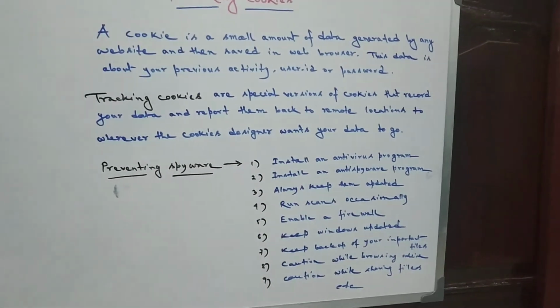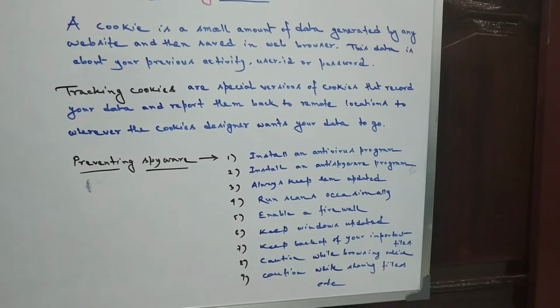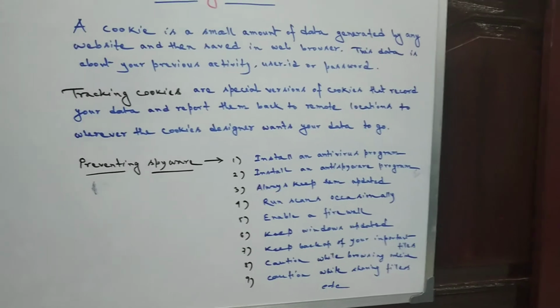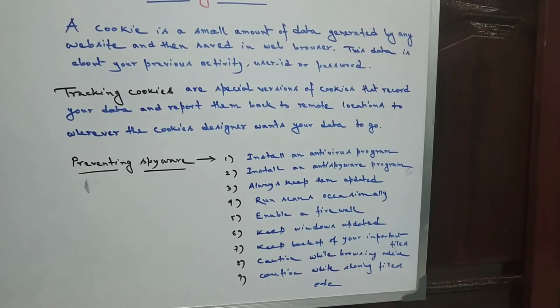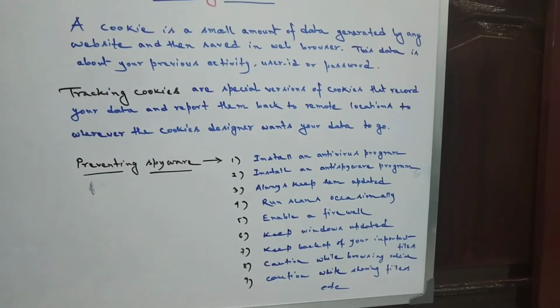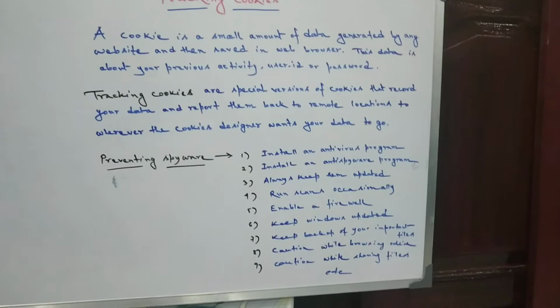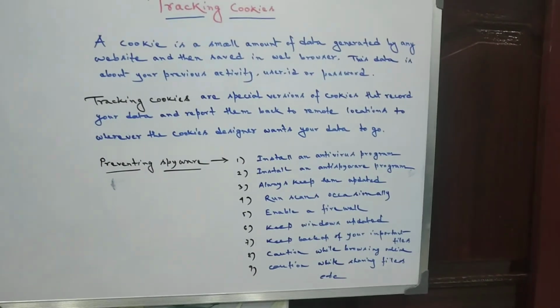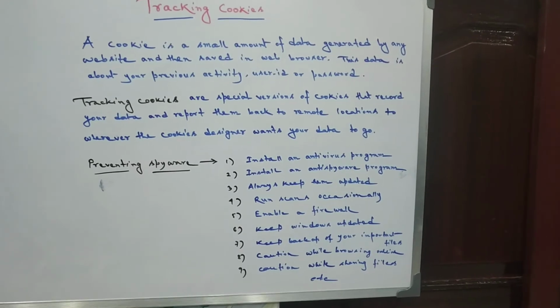When you share something or receive some information from another computer, there is always a chance of getting your files or folders infected, or viruses can come in this way. So these are some ways of preventing spyware.